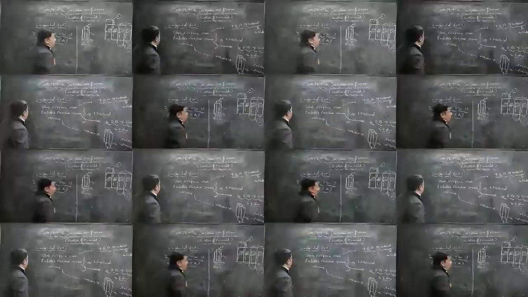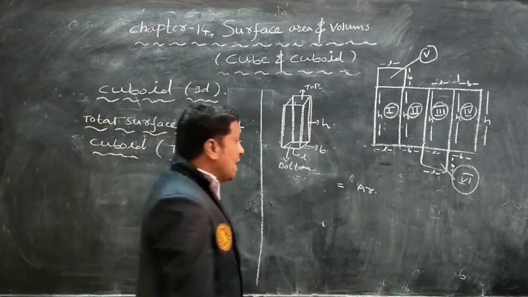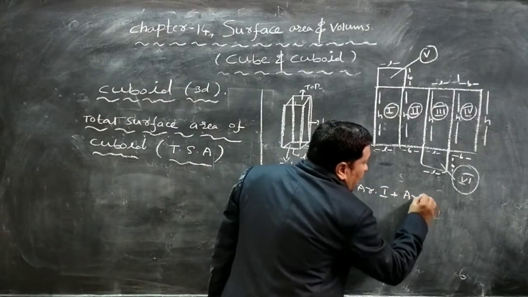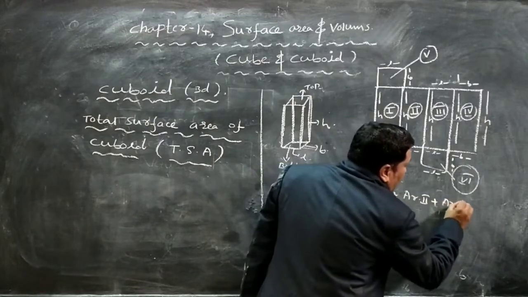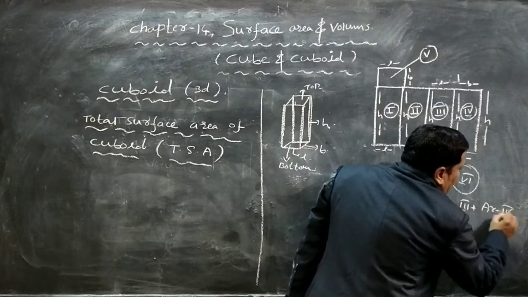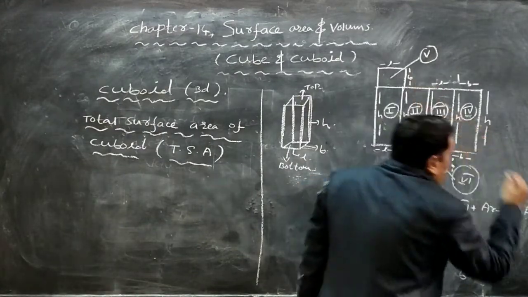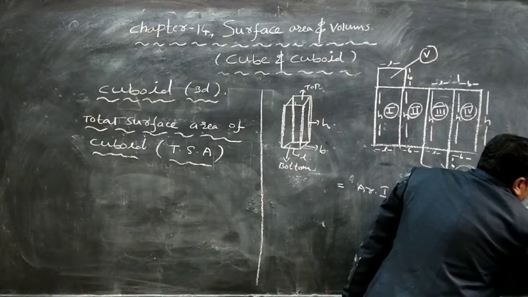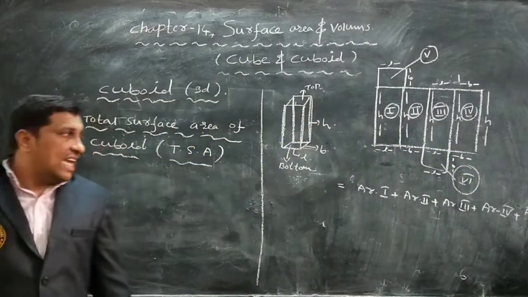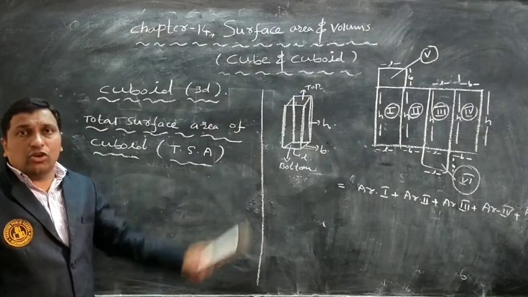So the area is the area of the first figure plus area of the second figure plus area of the third figure plus area of the fourth figure plus area of the fifth figure, means top, and area of the sixth figure, means bottom. So we have to calculate all these 6 areas and add them, and we will get the total surface area of a cuboid.